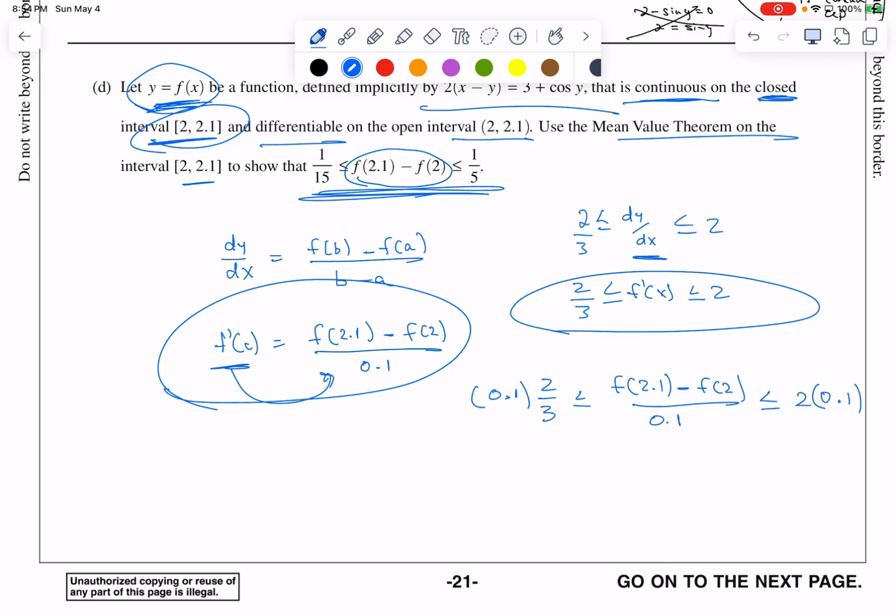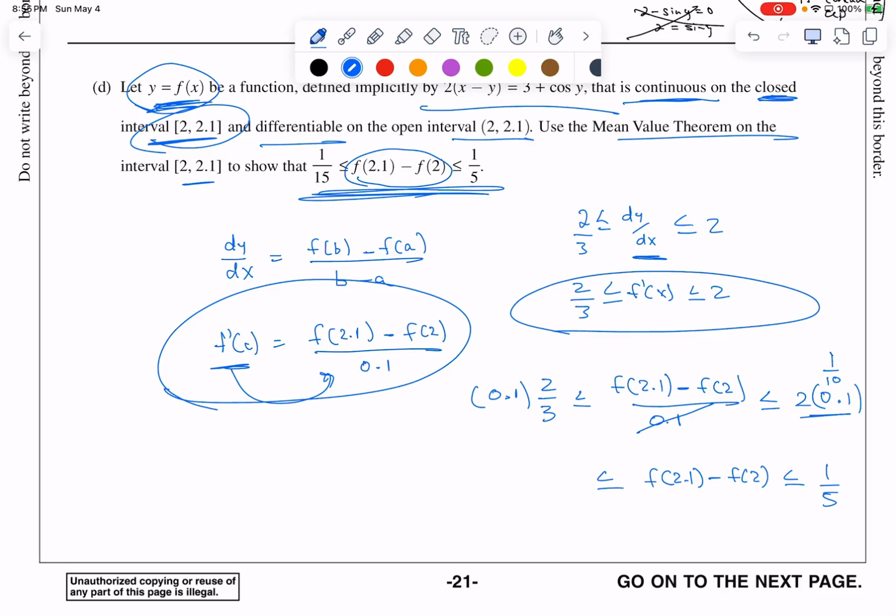And if it does, we're good to go. That'll cancel. So less than or equal to f of 2.1 minus f of 2 less than or equal to, what's 2 times 0.1? 0.2. What is 0.2 as a fraction? 1/5. And if you wanted to change that to 1/10 and do 2 times 1/10 is 1/5, you could have done it that way, if you don't know what 0.2 is.